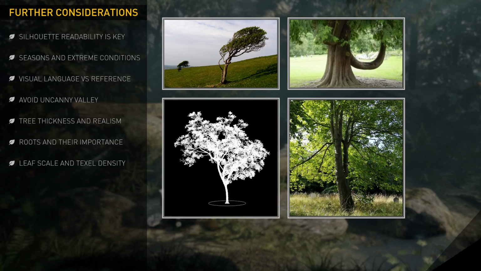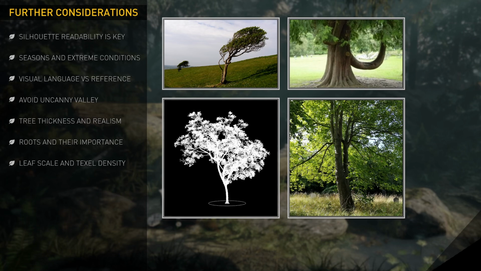We know that there's constant wind streaming from one specific direction that is forming that tree, and that tree hasn't even got the chance to grow against the wind. It is growing with the wind, and keeping these things in mind can sometimes really push the identity of the biomes and the environment that you are working on for your game.